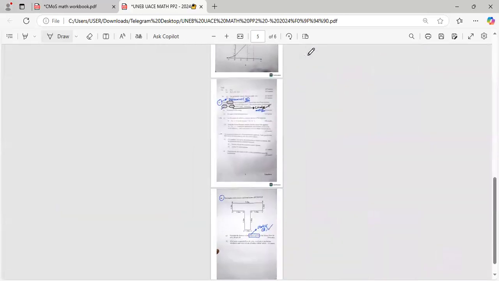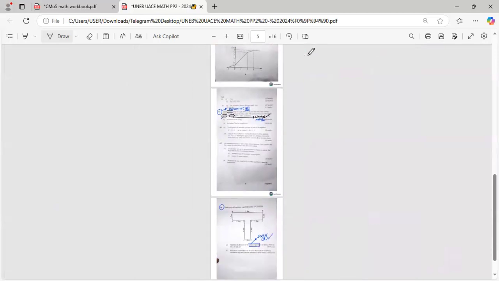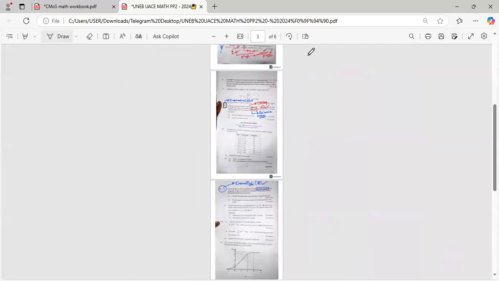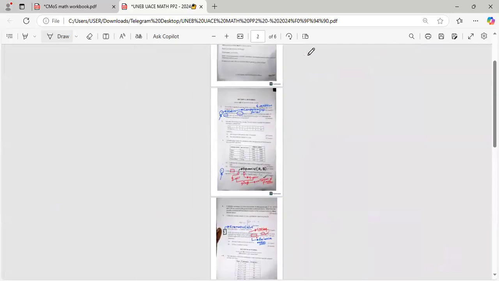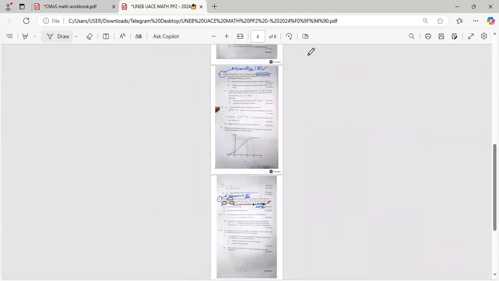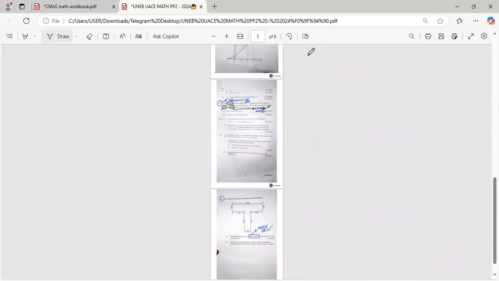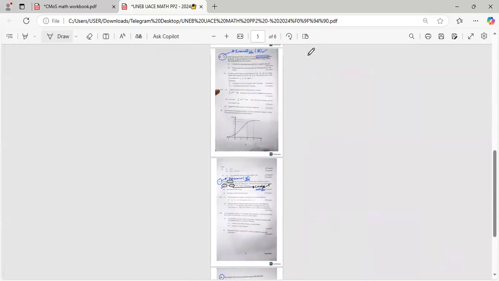So I think you can see, for section B, we had the question statics, then dynamics, then kinematics. Section A, statics, dynamics, then kinematics. Section B, kinematics, dynamics, then statics. Something like that.